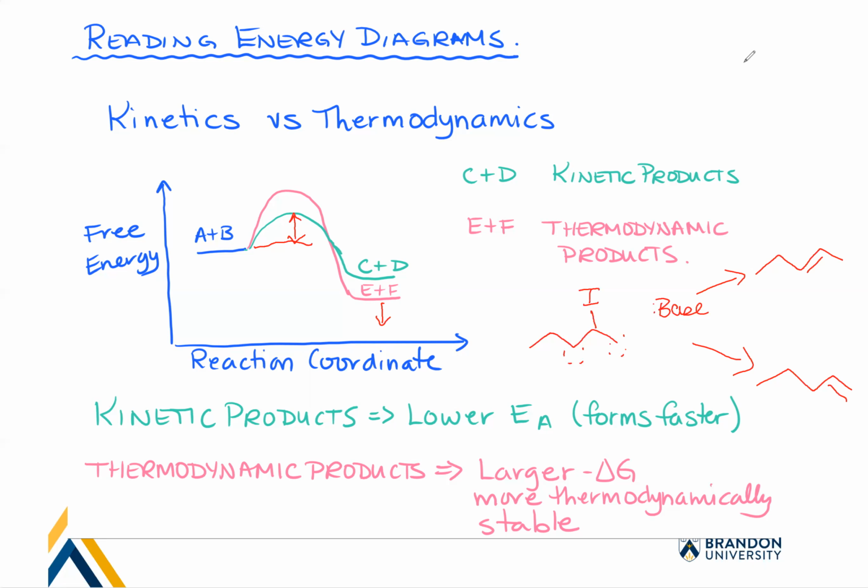And the lower the activation energy is, the faster the reaction will be. So you don't need as much energy to overcome this barrier, and so these products will form faster, whereas you need more energy to overcome this barrier, but these products here are more stable.